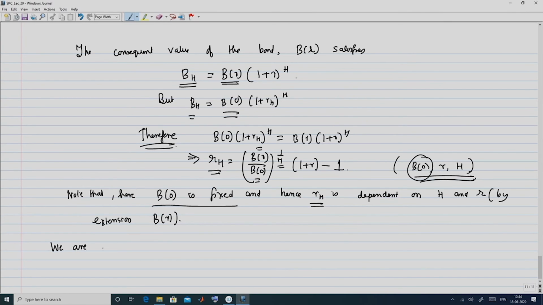Once we have this setup ready, we are now equipped to state and prove the immunization theorem.